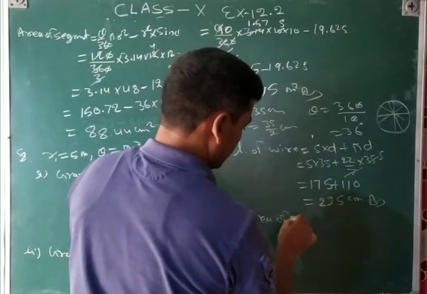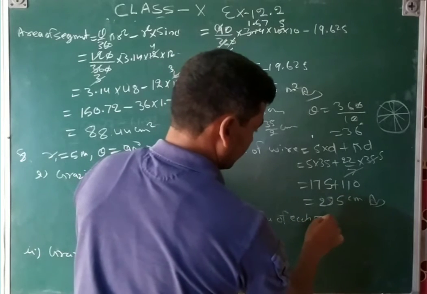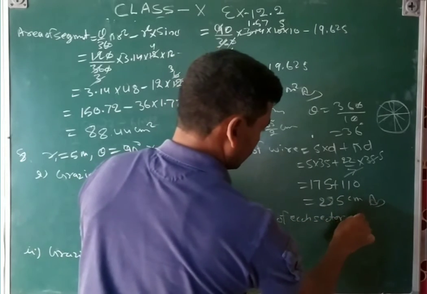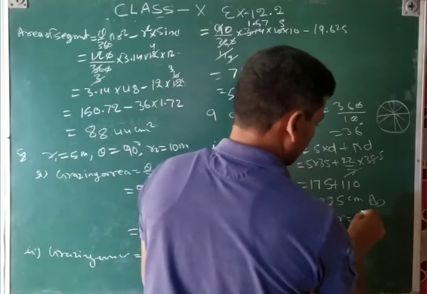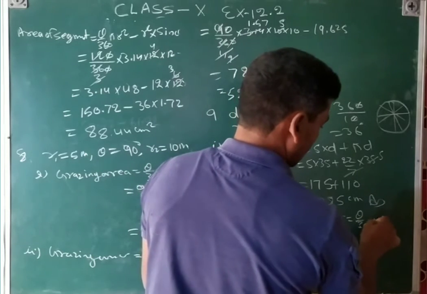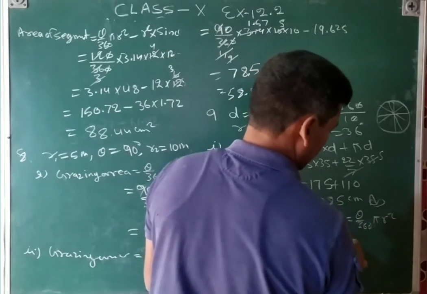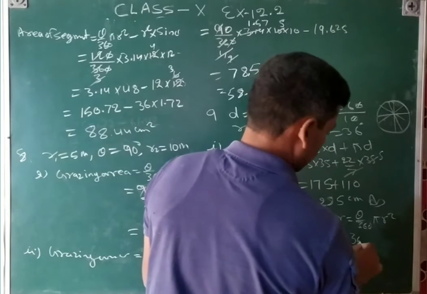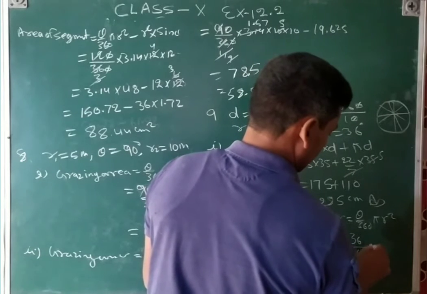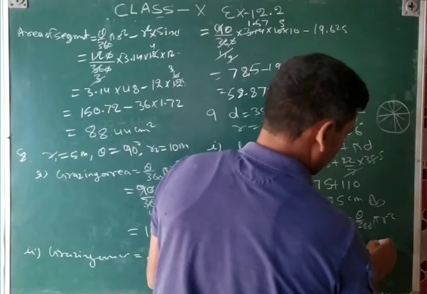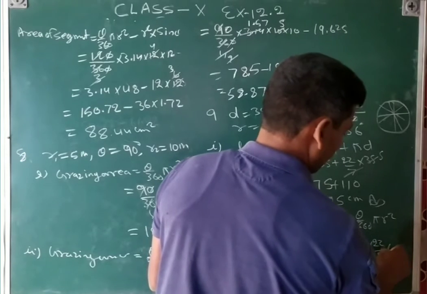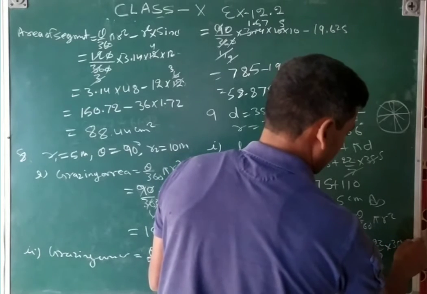And then second, the area of each sector of the brooch is equal to theta upon 360 pi r square. So theta is 36 upon 360 into pi value 22 upon 7 into 35 into 35.